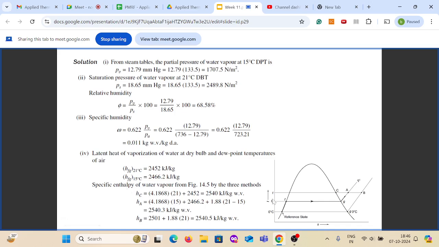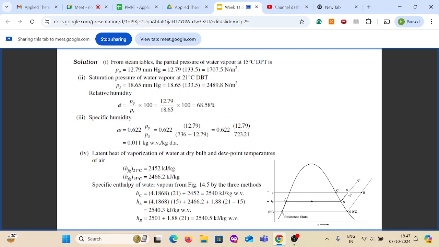Then the HC value is, if we go along this first process, HC to HA, at 21 degrees Celsius the latent heat added, or you can straight away find the enthalpy at state C, plus you can do the sensible heating for process C to A, that is Cp into delta T. In this case we are taking 0 as the reference temperature, so we are sensibly heating from 0 degrees Celsius to 21.